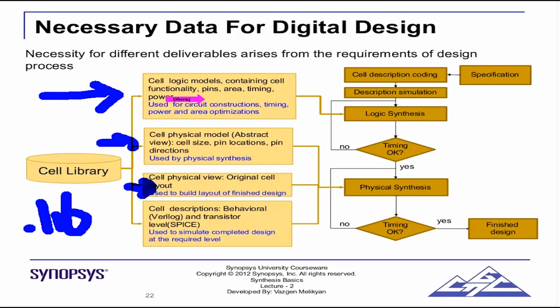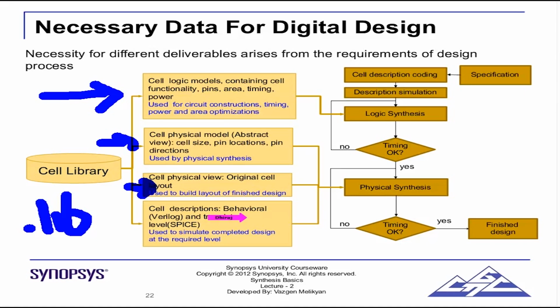In logic synthesis, as I mentioned, the first part is used. Once we are done with logic synthesis, we check timing. If timing is okay, we go to physical synthesis, place and route. Place and route will use this physical model. That's the layout data. You could also do spice here.